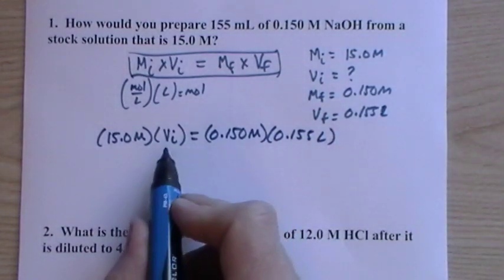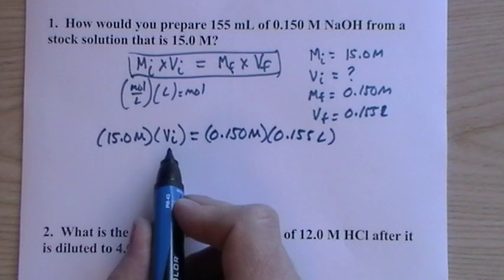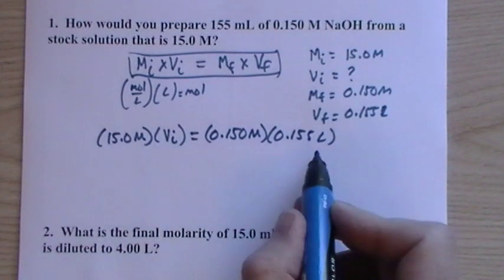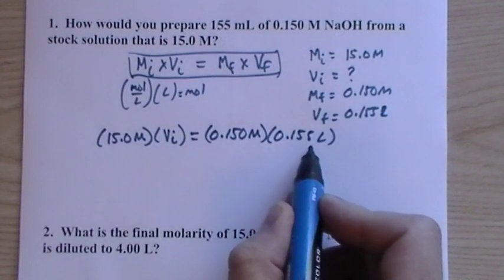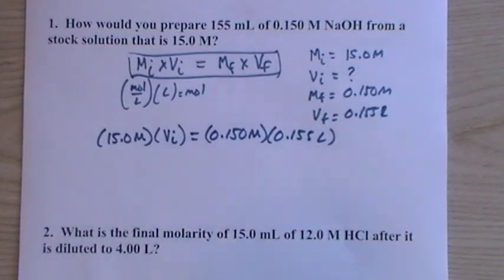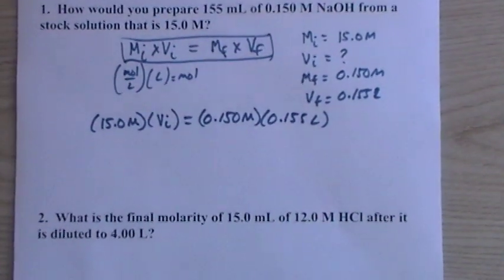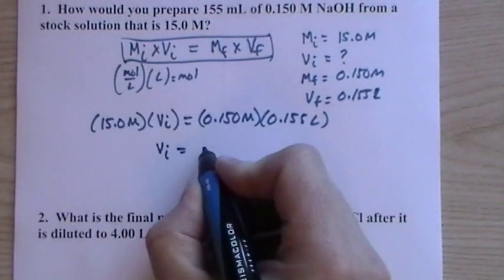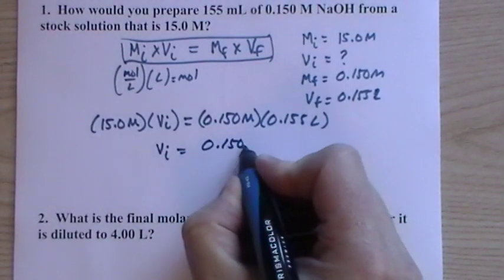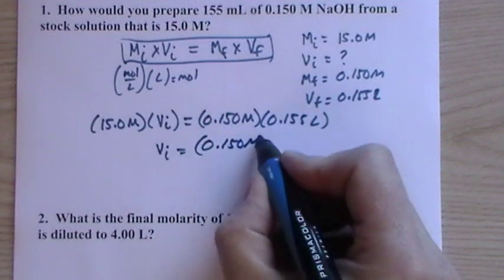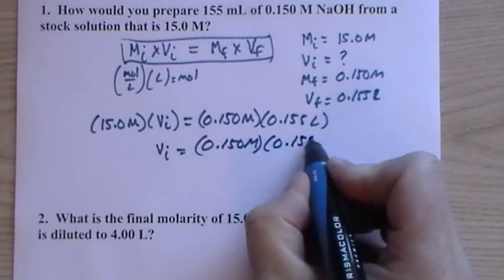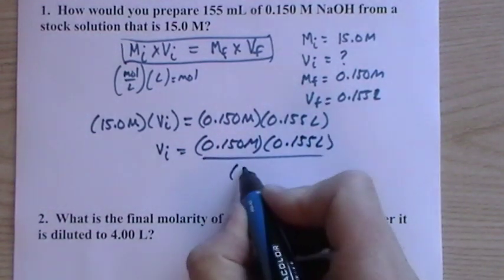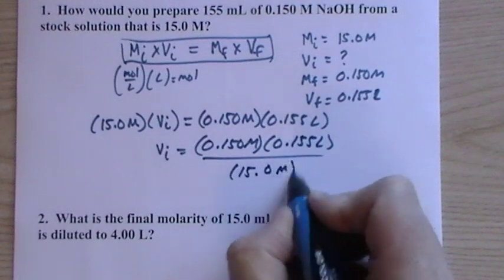Now, since we have the same units of volume on each side, I could have left this as 155 mils. Our volume just would have come out in mils. The problem doesn't say either way how we should do it, so I change it over to liters. So you have this, and then divide by 15 molar.